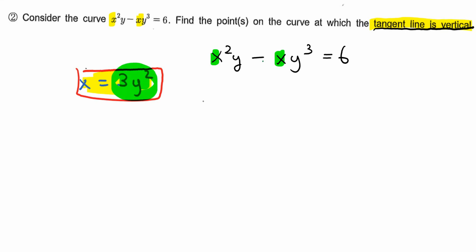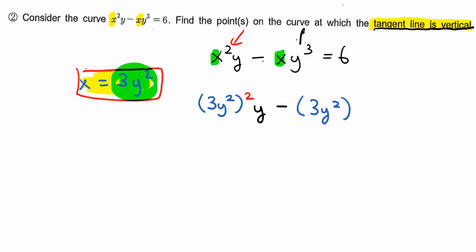And that will create a little bit more work. So this is now going to be 3y squared. And since there's a power of 2 here, I need a 2 there. And then this y will tag along, minus x, which is 3y squared, close the bracket. And then I have this y cubed term here. So let's put the y cubed at the very end equals 6.